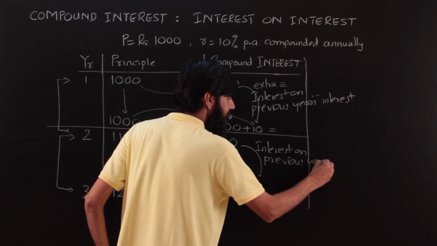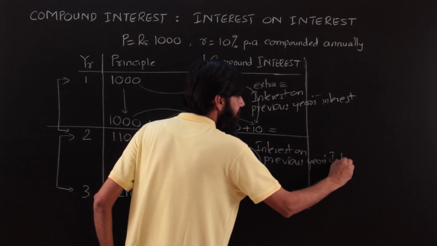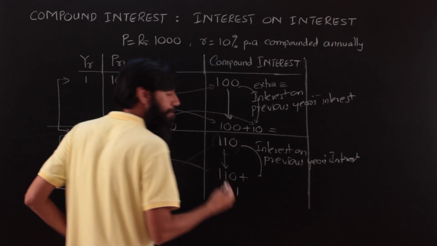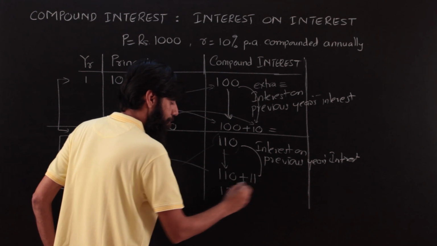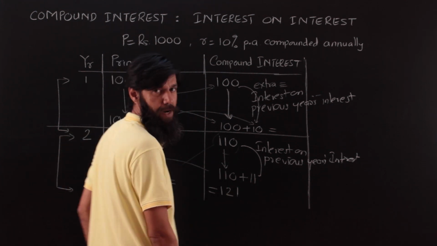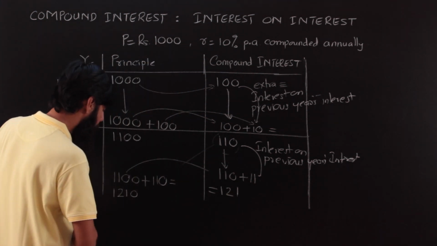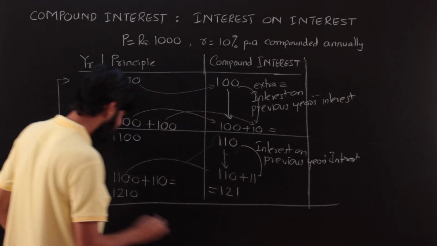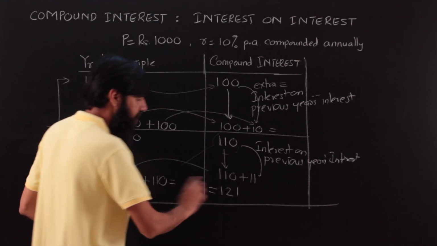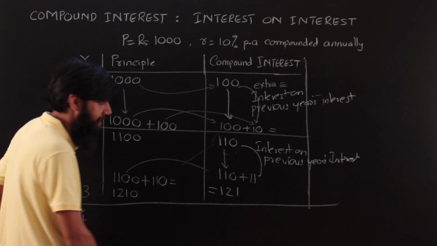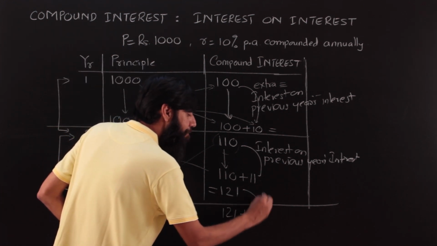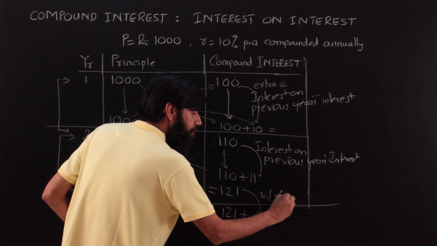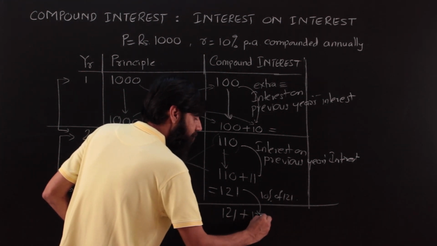Previous year's interest. Let this be a phrase, let it be in your mind always, right? So 10% of 110 is 11 rupees. So 110 plus 11 is 121, right? If you extrapolate it to the fourth year, remember that in the fourth year, without getting the principal into the picture, I definitely get 121 plus I'll get 10% of 121, which is 12.1.